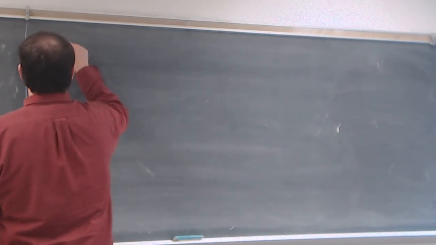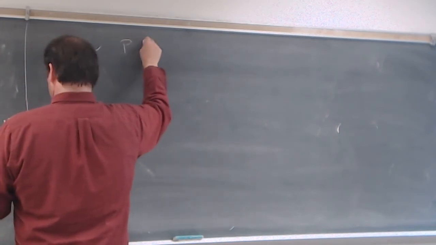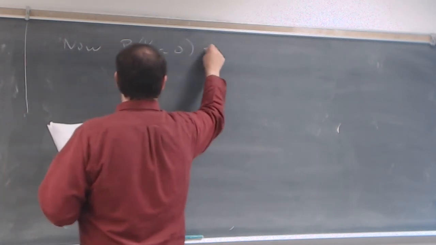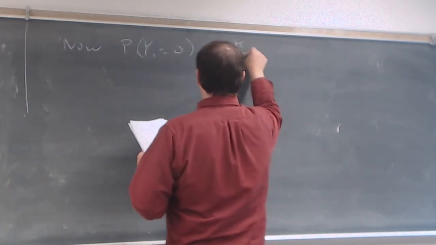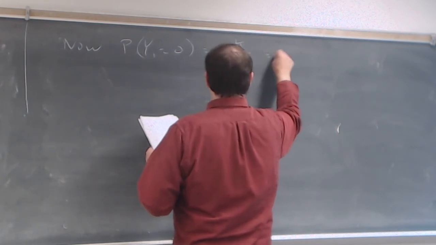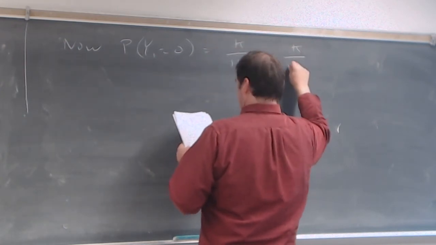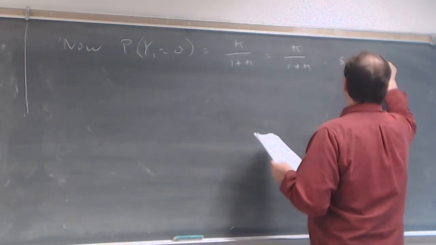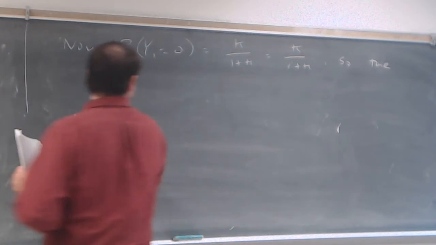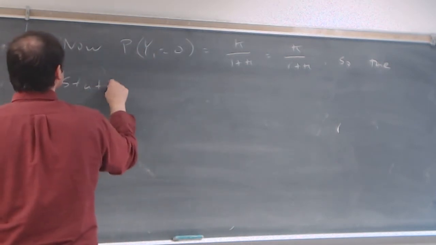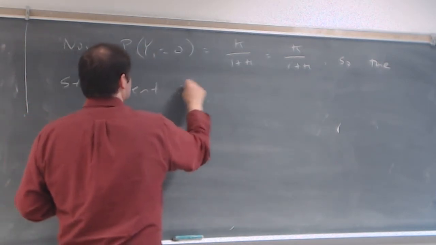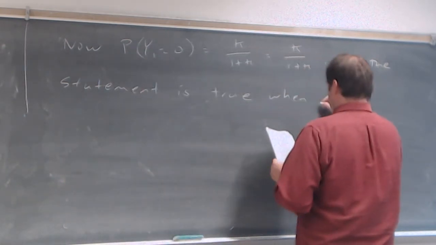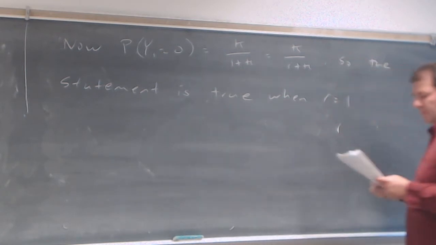Okay, now the probability that Y sub 1 equals 0 is equal to K over 1 plus K, which is equal to K over R plus K, because R is equal to 1. So we say the statement is true when R is equal to 1.